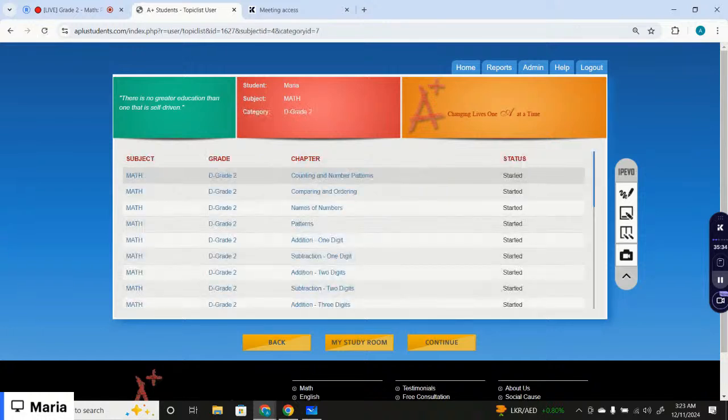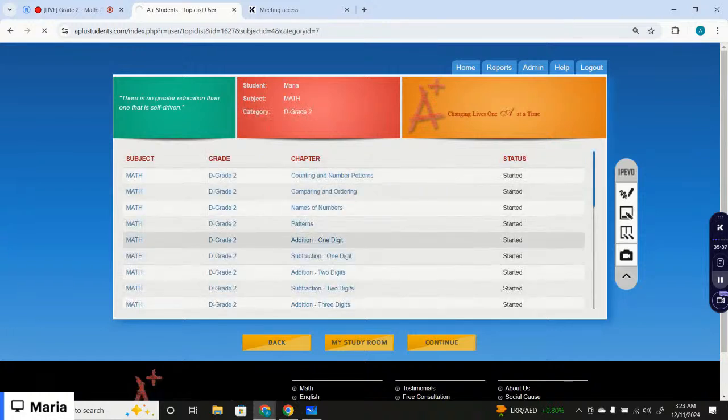We're going to start with the next lesson, that is addition one digit.